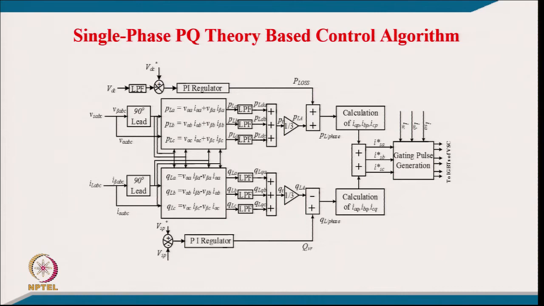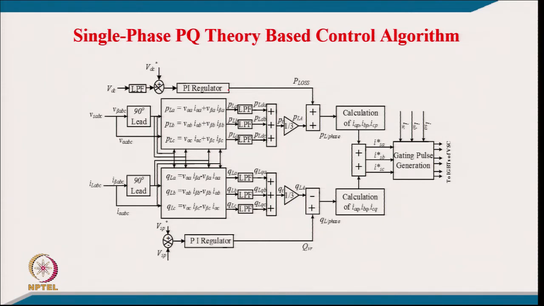So, this is the block diagram of the single phase PQ theory based control algorithm for the three phase DSTATCOM. Here, of course, we again have the PI controller. We have a reference DC link voltage for the voltage source converter DC link, and then we have a feedback sensed voltage on the DC link which has a ripple, so we have to use a low pass filter to give the feedback.